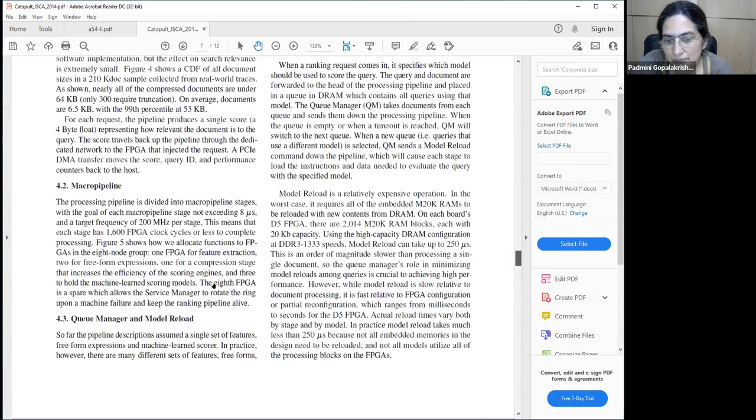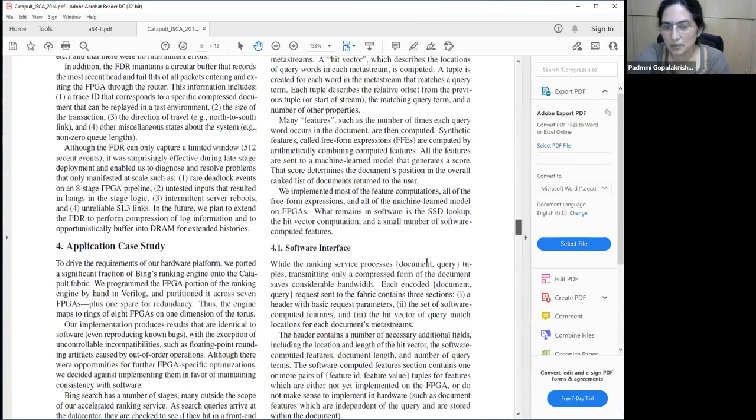So the software basically takes a document and a query, compresses the document, and sends these 3 sections as a request to the fabric. This document has a header with a request.